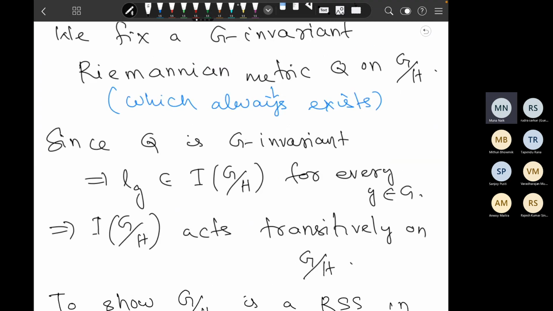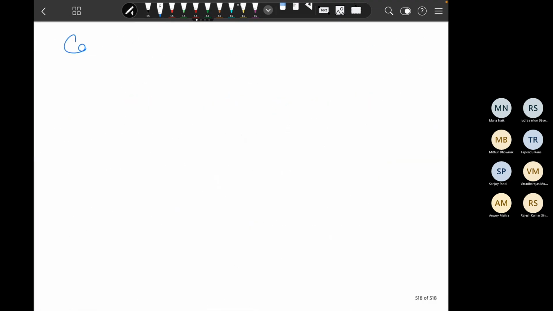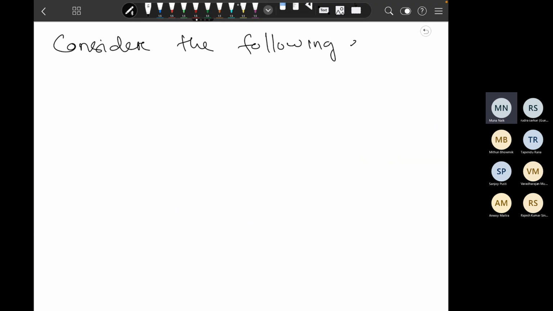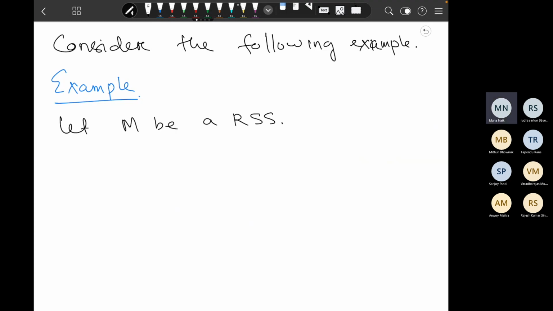Now consider the following example. Let M be a Riemannian symmetric space. This is my example.